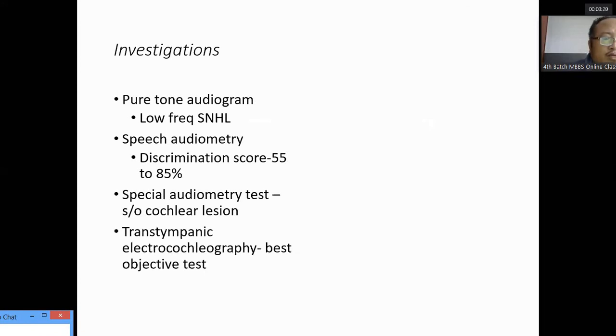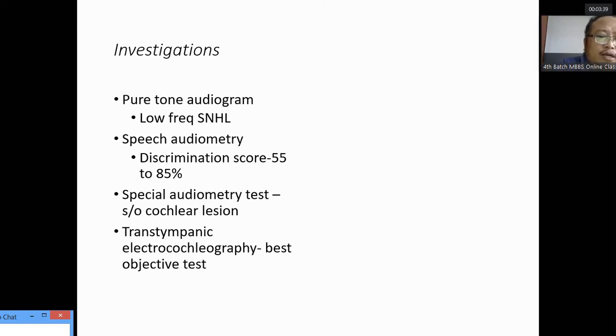There are a few tests just to support the diagnosis, but mostly Meniere disease is a clinical diagnosis. Audiogram supports the diagnostic criteria of Meniere disease.